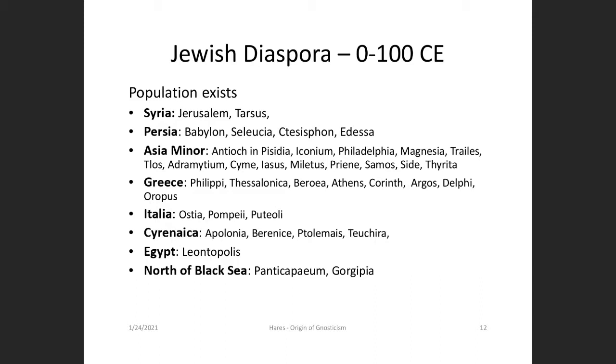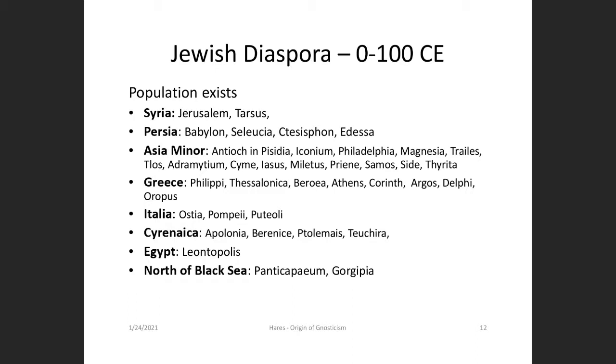Now there was population, as I mentioned, in Syria, Tarsus, Babylon, Seleucia, Edessa. We find many people later on in Edessa writing. You had Asia Minor, Iconium, Philadelphia, Mysia, Tralles. Those are things mentioned in the New Testament, but Tralles, Miletus, and Patara were outside of Ephesus.